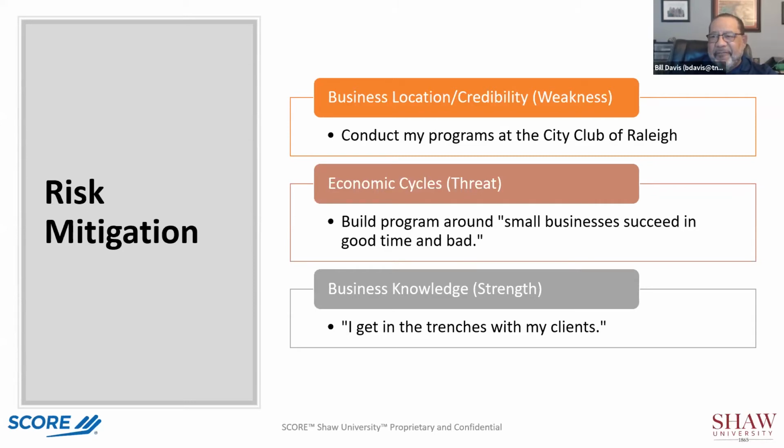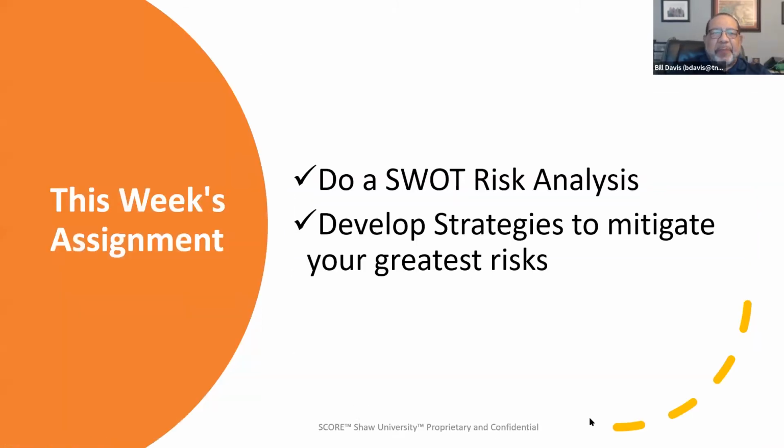Okay, I think I've answered all the questions in the chat box. So here's your assignment this week. First, do a SWOT risk analysis. Now, that also means you will need to have done your SWOT. And to do your SWOT, you will need to have figured out and sized your target market.